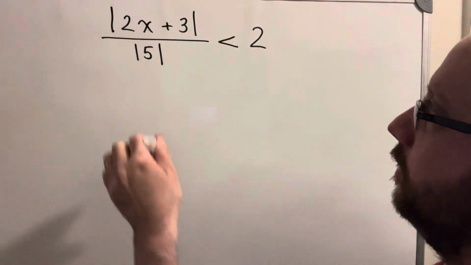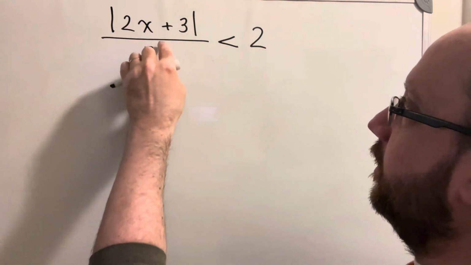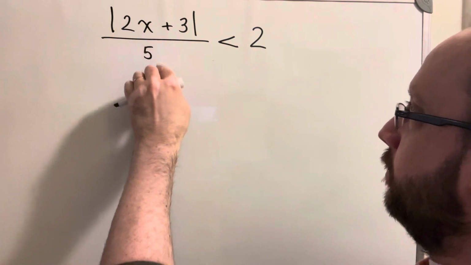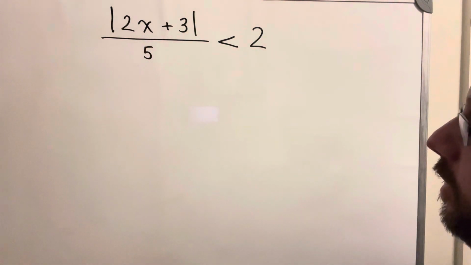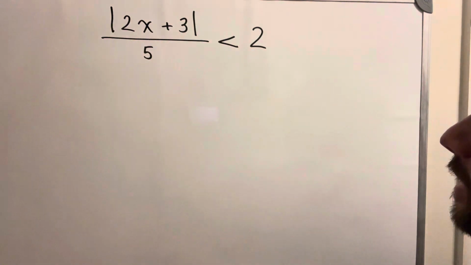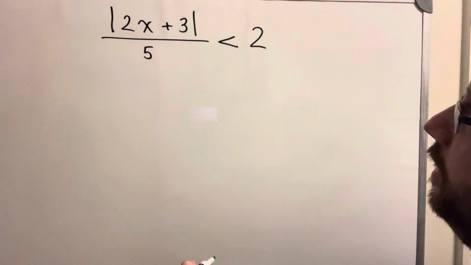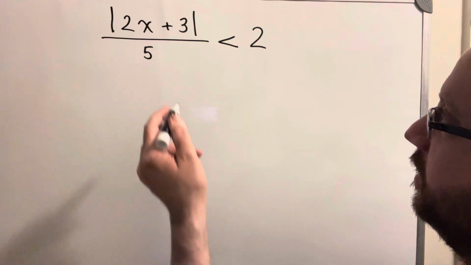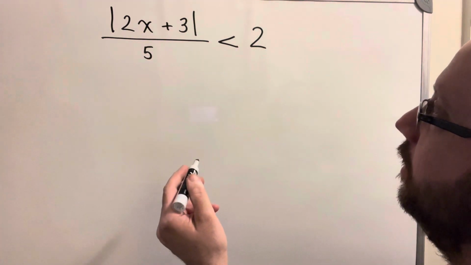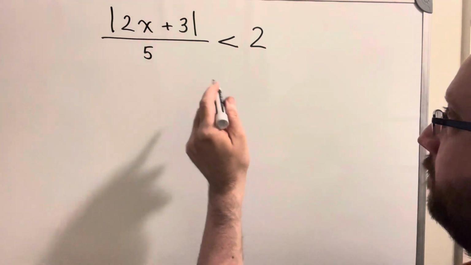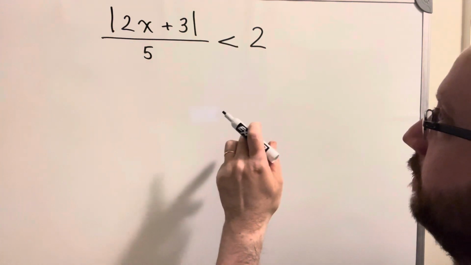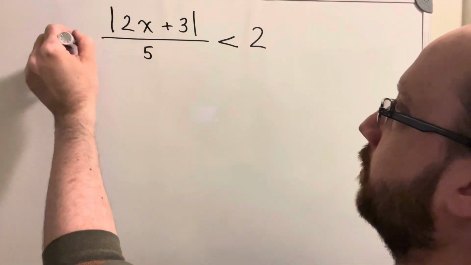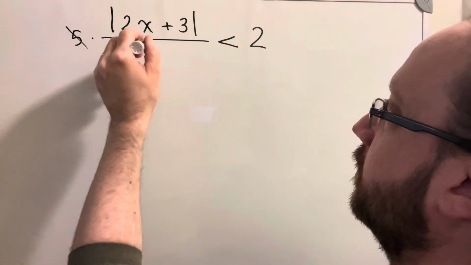So we can safely say that that expression is equal to the absolute value of 2x plus 3 over 5 is less than 2. And now, since 5 is a positive number, we can multiply both sides by 5 without changing the direction of the inequality. The 5's cancel out.